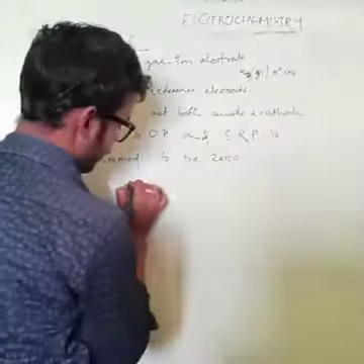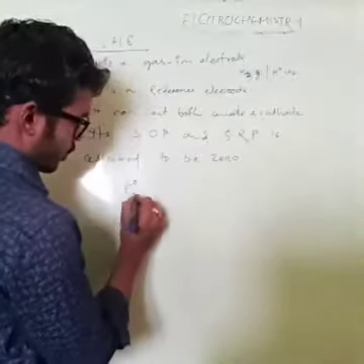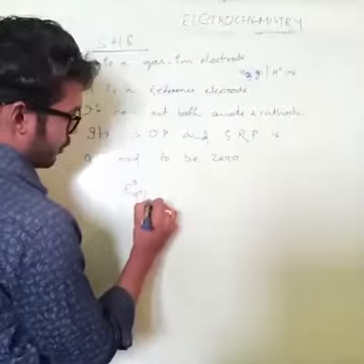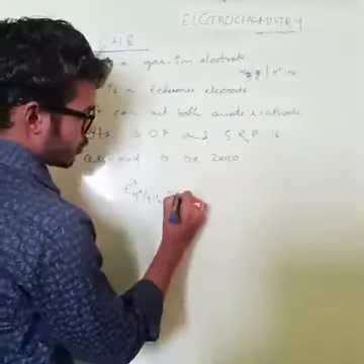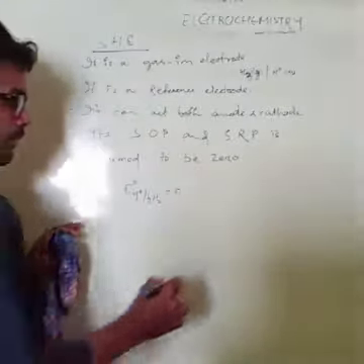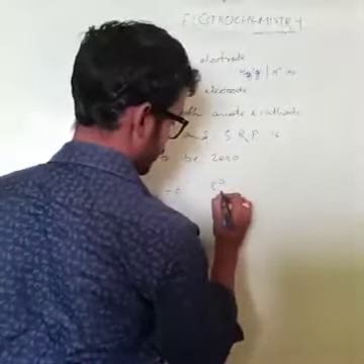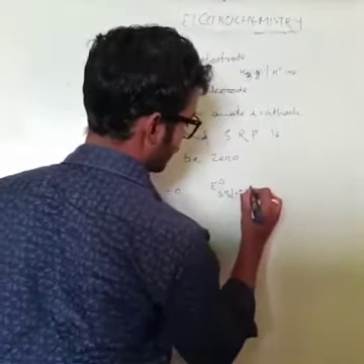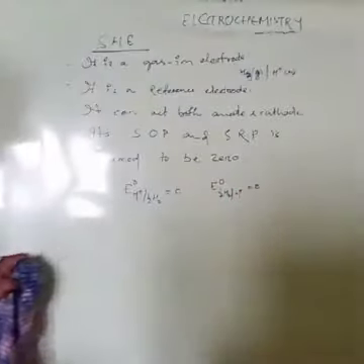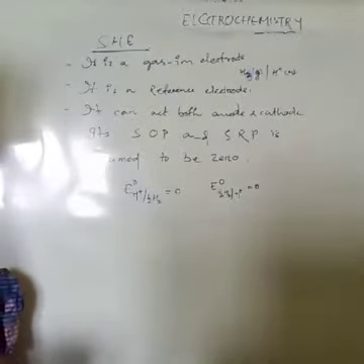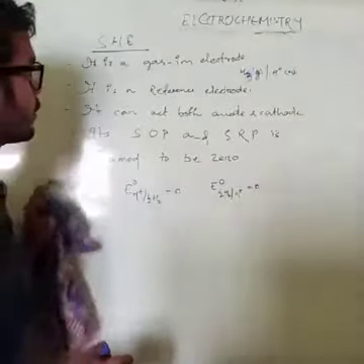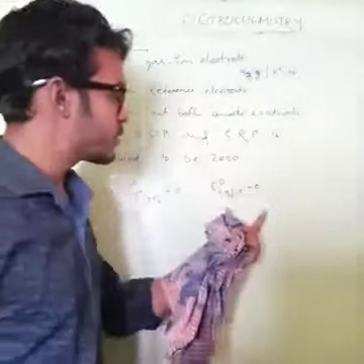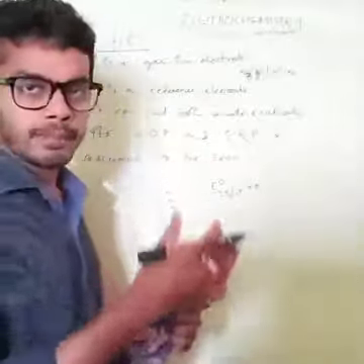That means half H2, E naught oxidation and reduction potential is 0. Understood? This is the SHE, the standard hydrogen electrode. By taking this, we can easily calculate the other half cell's potential.